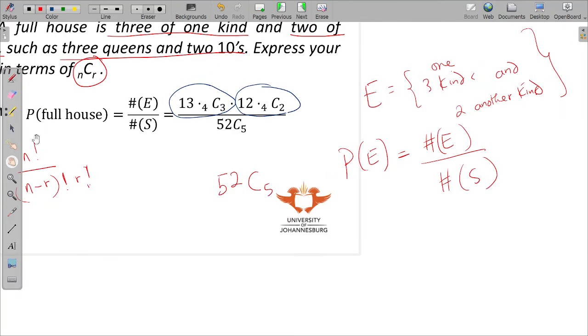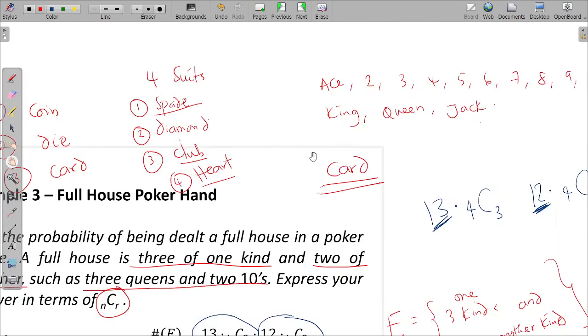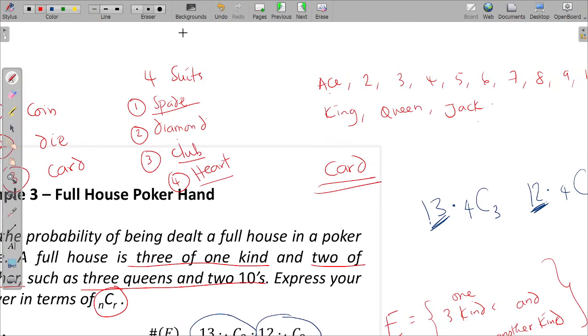Lest I forget, the cards I was telling you about make up 52. We have 52 cards with 4 suits, and each of the 4 suits has 13 types.